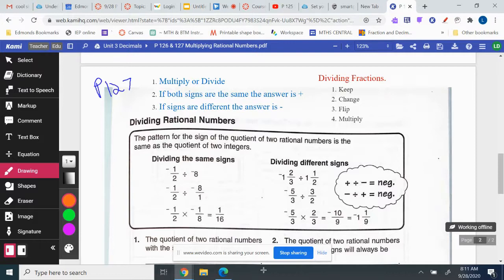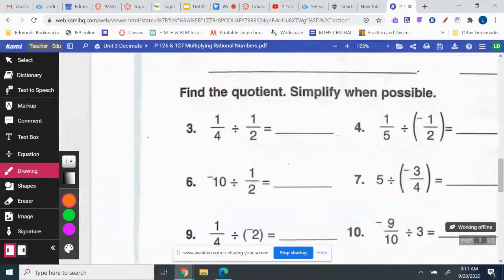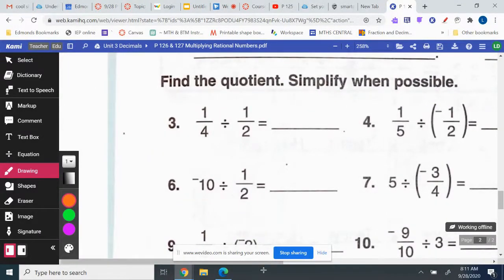But to remind you about dividing fractions, we're going to keep the first fraction, change the sign to division, flip the second fraction, and then multiply. Let's take a look at it down here. So I keep this one. This stays as 1/4. I change that, so keep, change, flip.